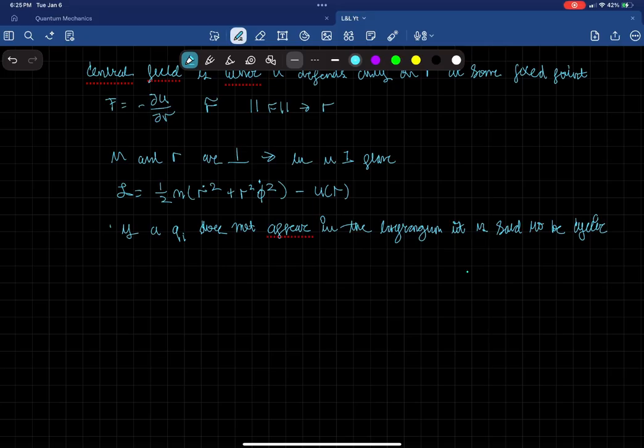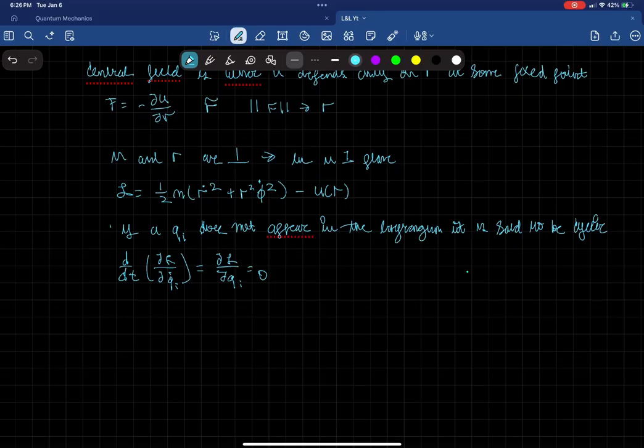For such a coordinate, we have by Lagrange's equation that d/dt of del L del q dot is equal to del L del q, which is also equal to 0.